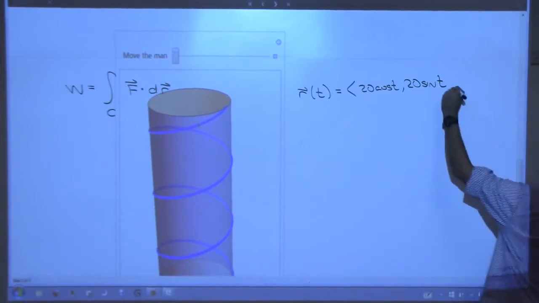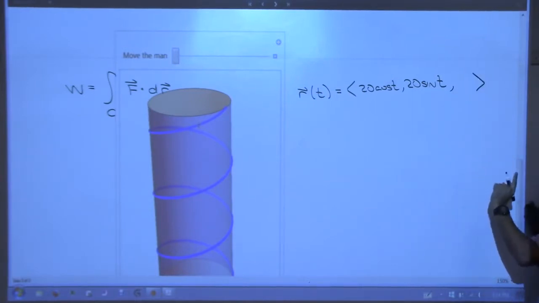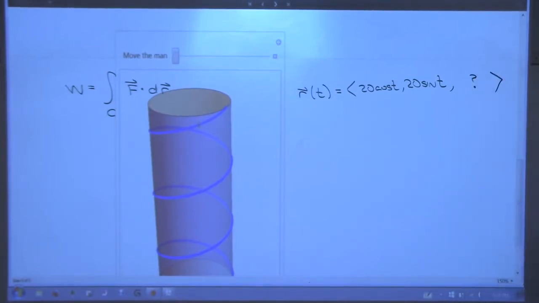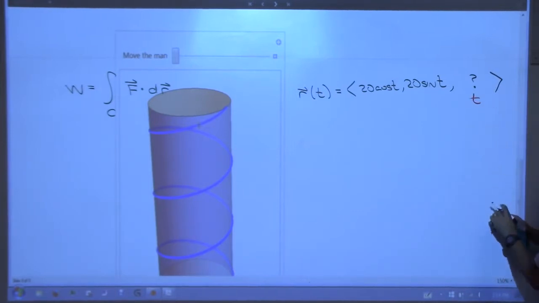Okay? So I'm hearing t. I'm almost there with you. Here's the catch to it. I'm going to put a question mark right here for a second. Let's think about this. This component of the vector function tells me how high I'm going to be, right? So if I put t there, I don't know if this is going to work, what is my restriction on t?